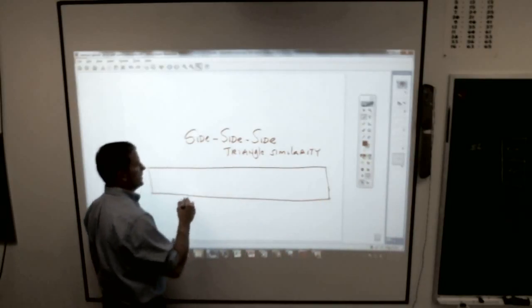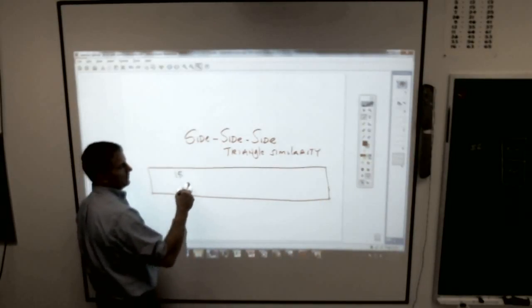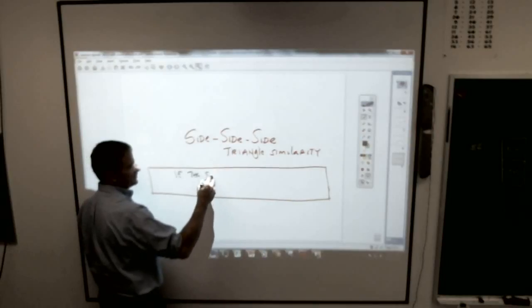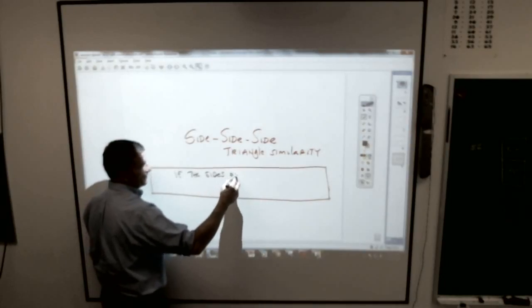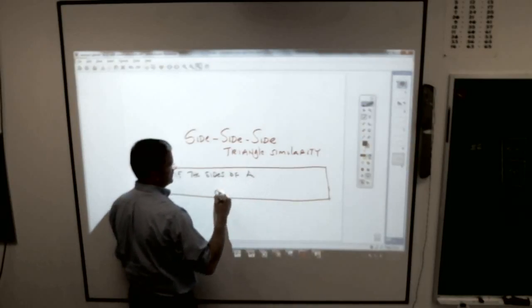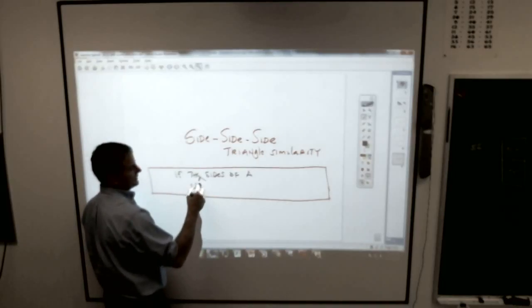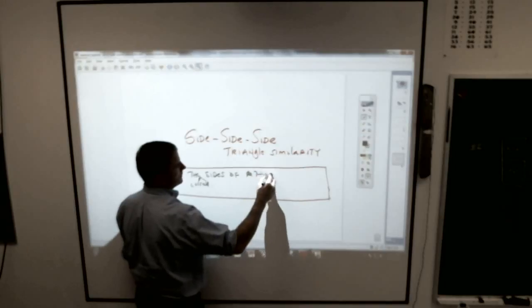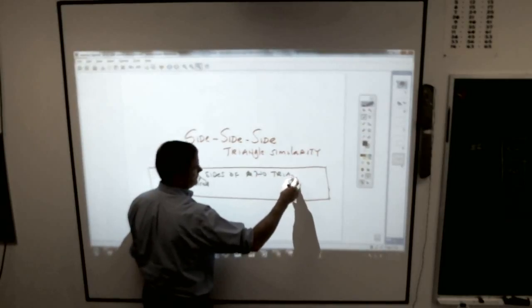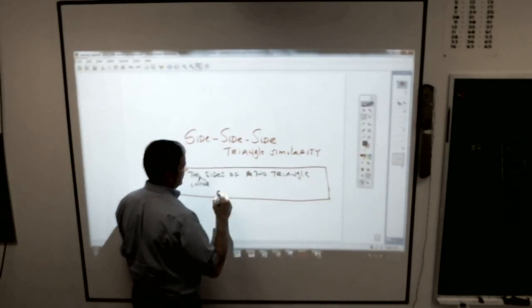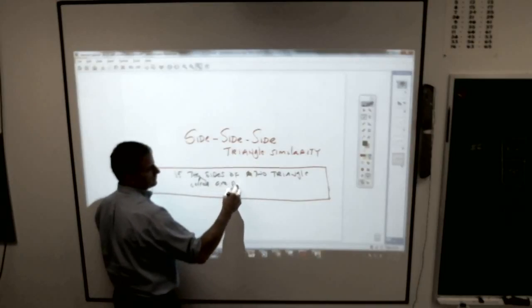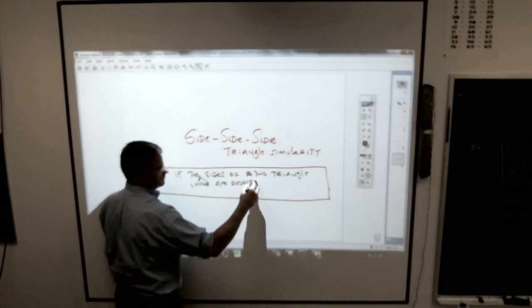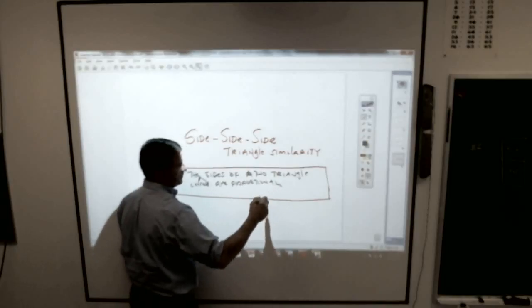Not so many words. If the sides of a, I guess I should put, if the corresponding sides of two triangles are proportional, what would be true?